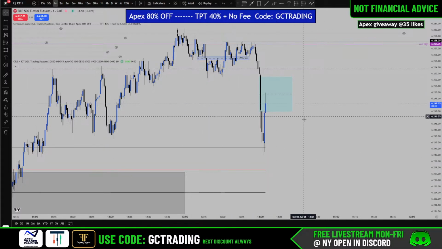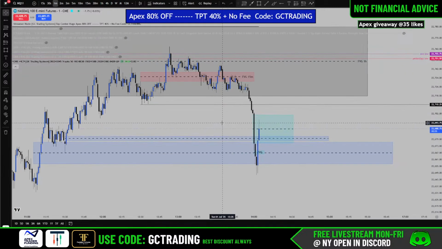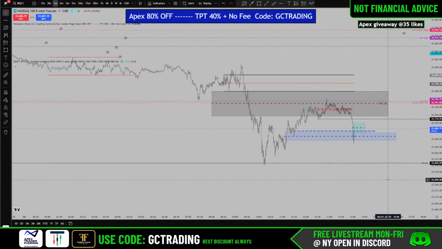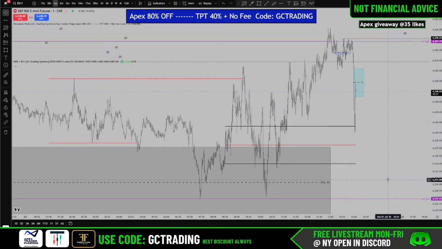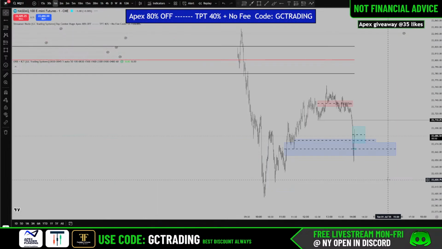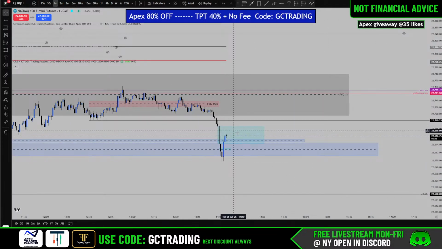Holding that CE. Which one to take, assuming we get the confirmation? I like NQ. If we inverse this, I'd probably get long.